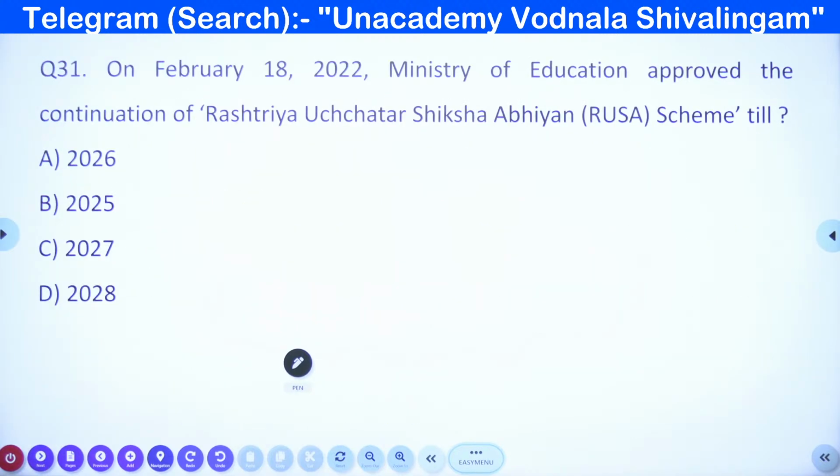On February 18, 2022, the Ministry of Education approved the continuation of the Rashtriya Uchchatar Shiksha Abhiyan scheme till 2026.